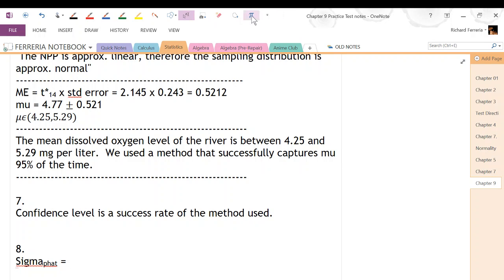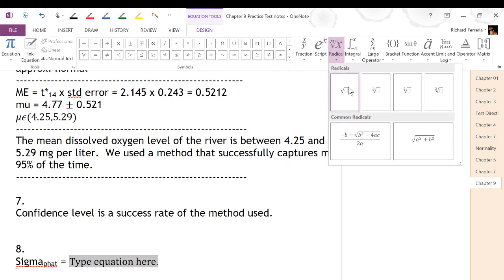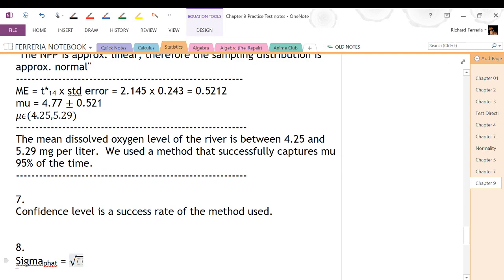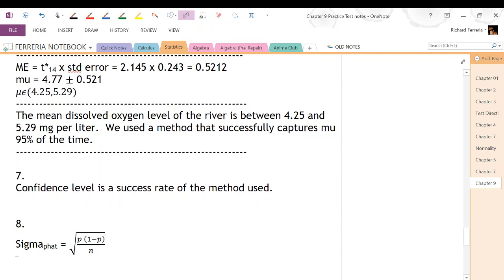And that's equal to, and I should write the formula, standard error is equal to the square root of p times 1 minus p, the whole thing divided by n. That's standard error.